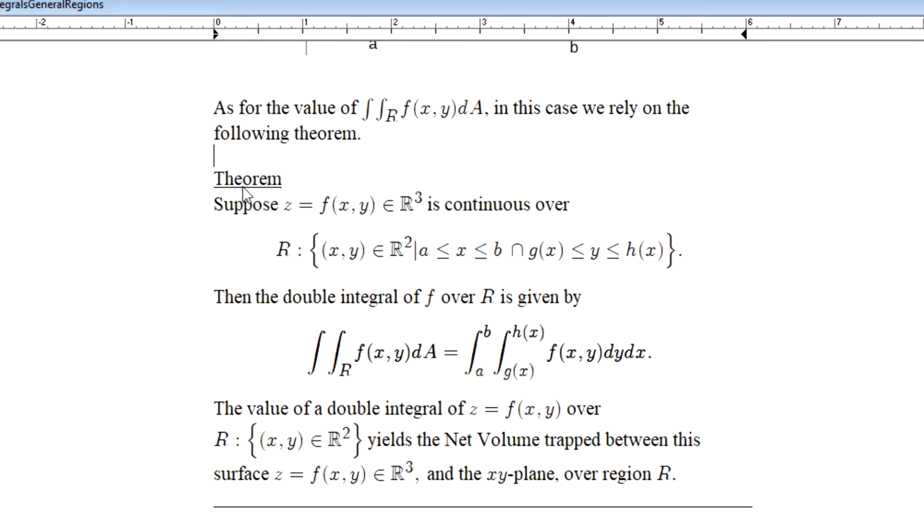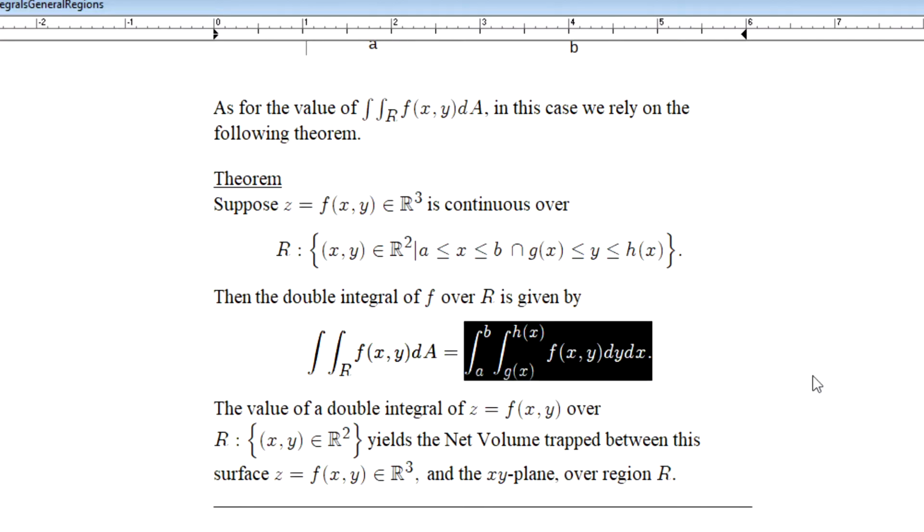If we take a look at this theorem, it does assume that we have this surface in three-dimensional space that is continuous over this region R. What we think then of as the double integral of f over R is given by this double integral calculation here, where the integration is going to happen first with respect to y in the innermost integral.